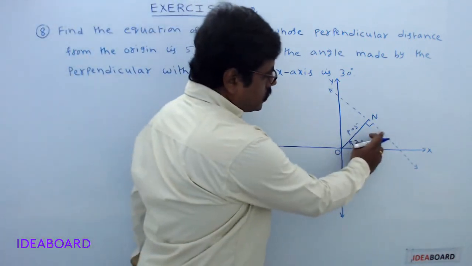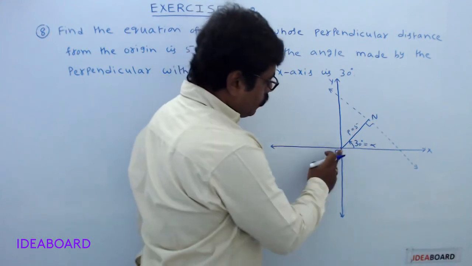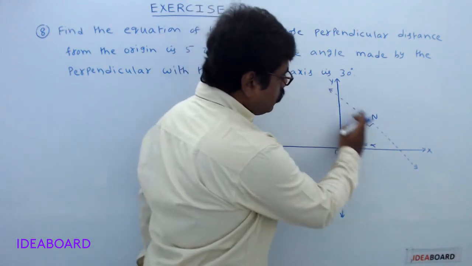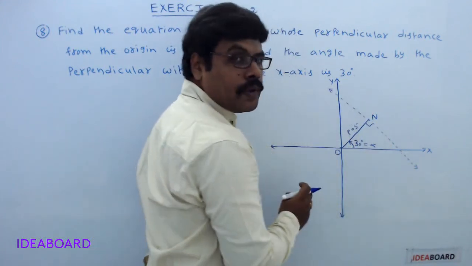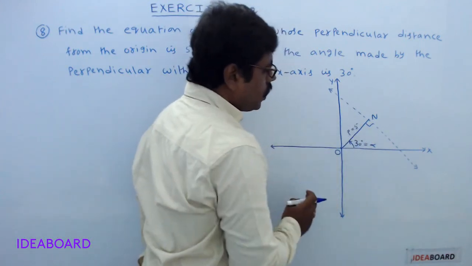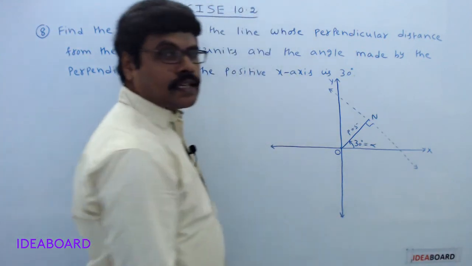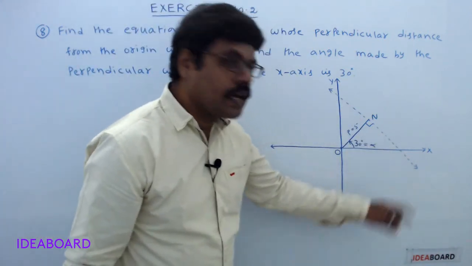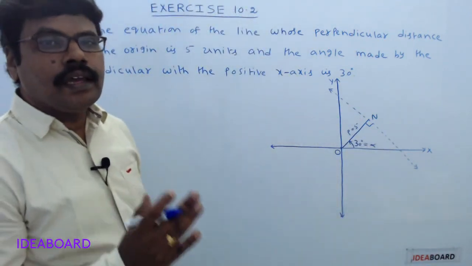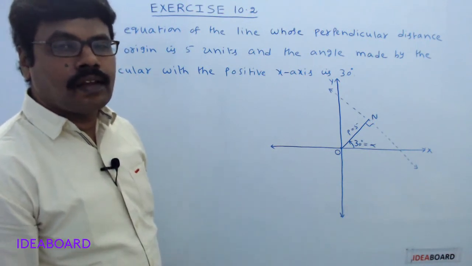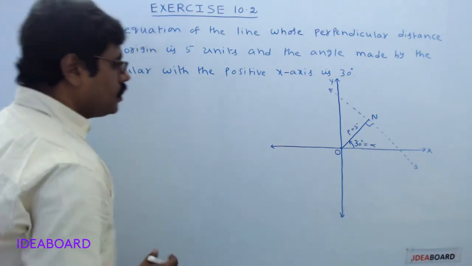So this is the required line. The perpendicular distance from the origin to the required line is P. This perpendicular makes an angle of alpha with the positive direction of the x-axis. So the equation of this straight line can be taken as x cos alpha plus y sin alpha equals P.